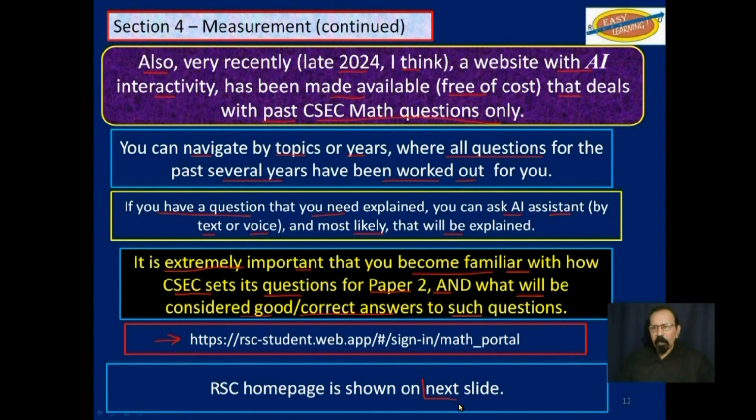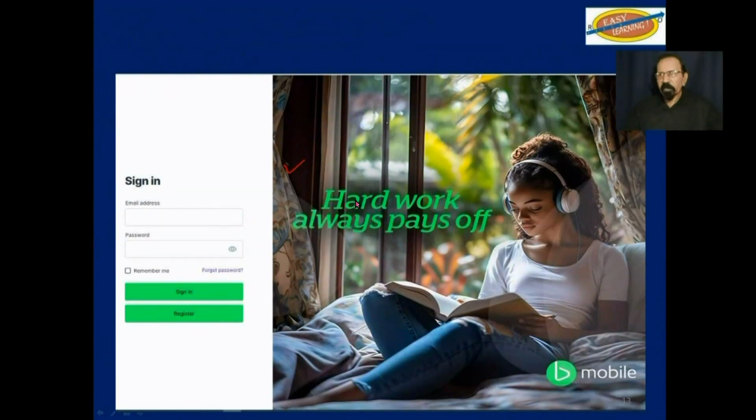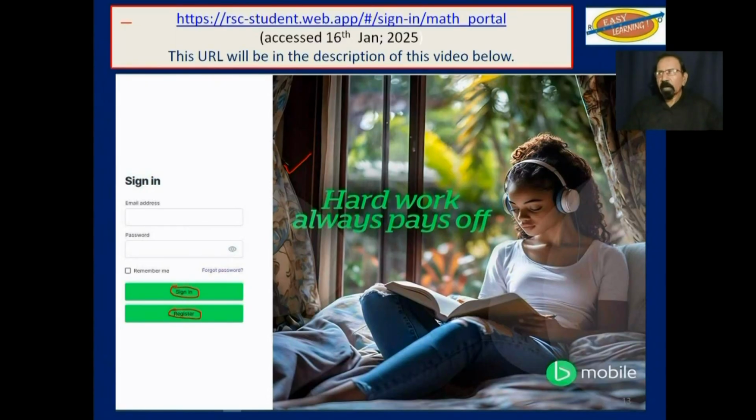On the next slide, I will show you what the home page for that website looks like, which is this here. You will have to first register and then sign in. That is the URL again up there. This URL will be in the description of this video below so that you can easily click on it and be redirected to this website.